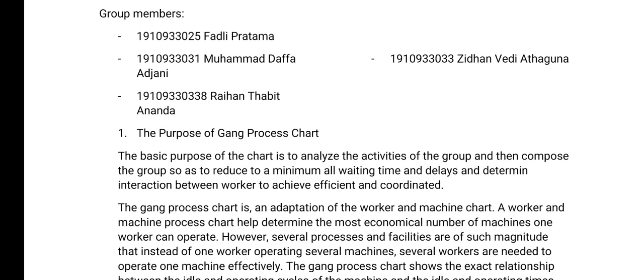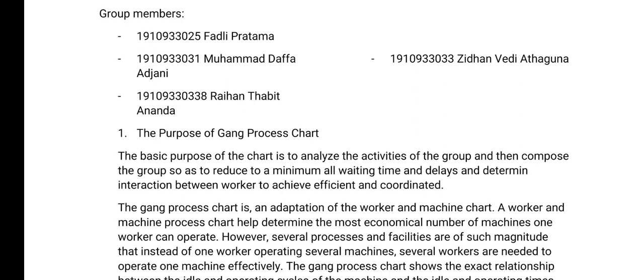The gang process chart is a chart that helps determine the most economical number of machines one worker can operate. However, in several processes the facility is of such huge magnitude that instead of one worker operating several machines, several workers are needed to operate one machine effectively.